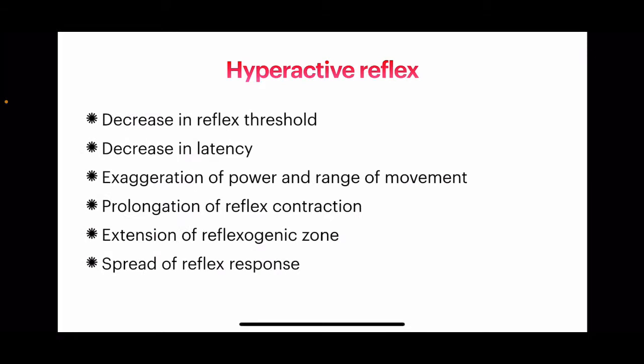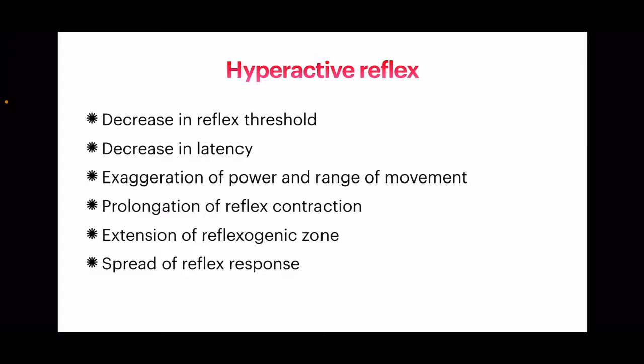So now coming to hyperactive reflexes. What is this hyperactive reflex? All the components which I already told you: the decrease in reflex threshold, the latency will be reduced, the power and range of movement will be exaggerated, the prolongation of reflex contraction and the extension of reflexogenic zone. All this will happen.